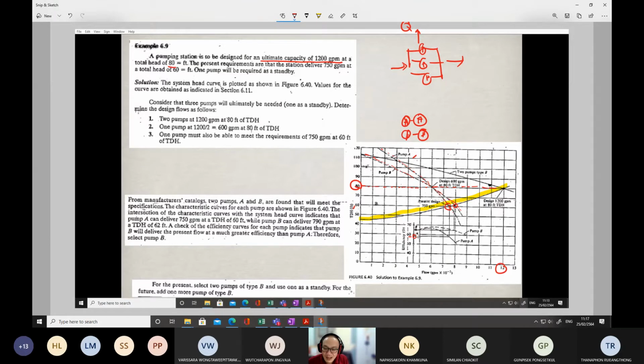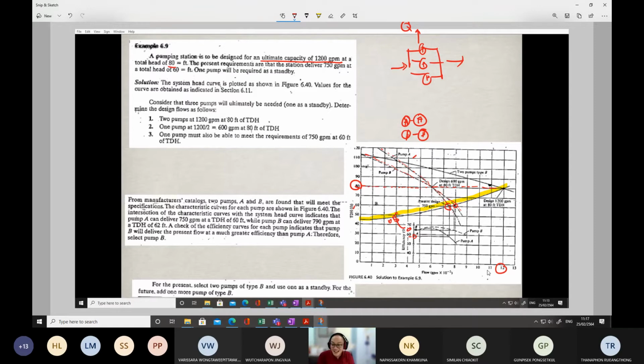But if you choose pump B, the efficiency is something like 65%. So pump B's efficiency is greater than pump A's. In this case, we will choose pump B, and then connect B in series, because only with series connections will we get the larger flow rates.